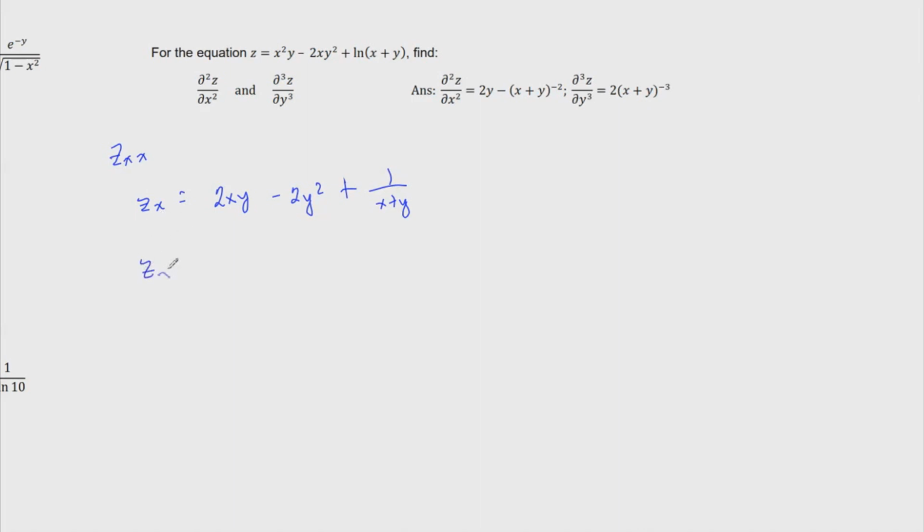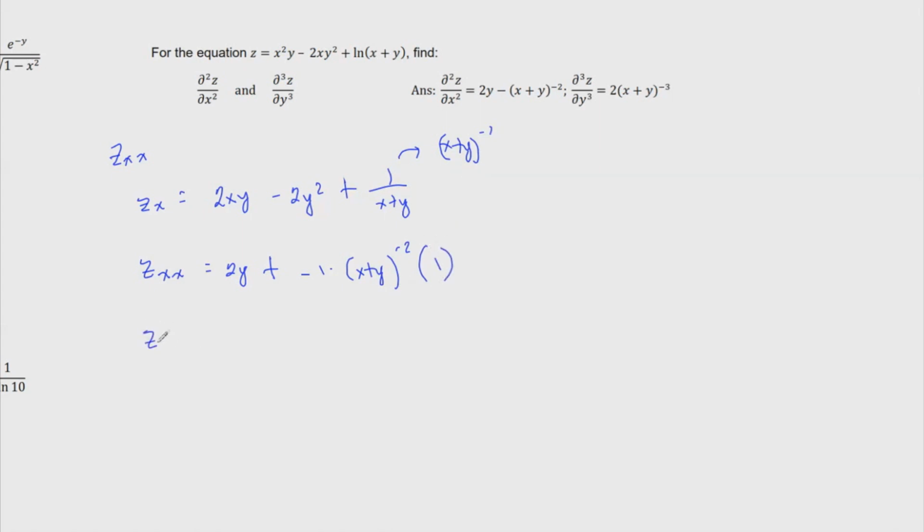And then for the second partial derivative, we need to differentiate this with respect to x again. So we'll be left with 2y here because x is just x without an exponent. And then this one is 0, but this one becomes plus. We know that this can be rewritten as x plus y raised to negative 1. So we differentiate this: negative 1 times x plus y raised to negative 2, and then the derivative of x plus y is simply 1 plus 0, so that is 1.